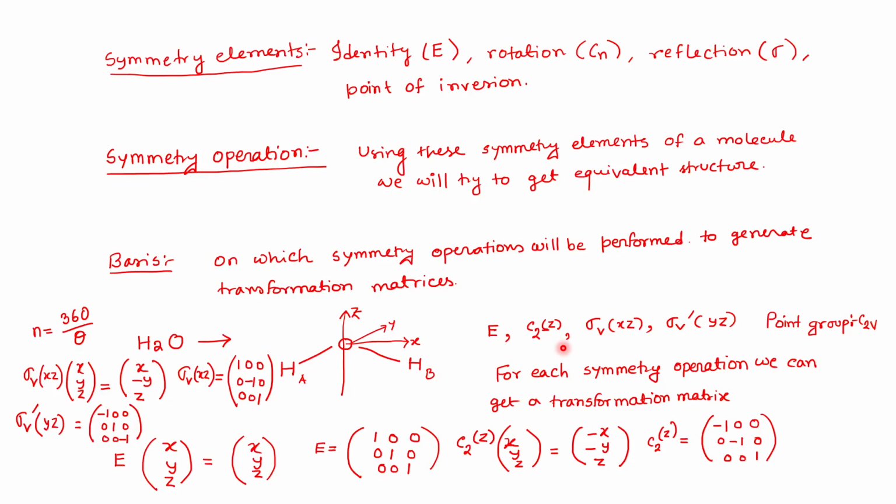Now suppose after finding C2, you see that along with the principal axis of symmetry, there are some C2 axes which are perpendicular to it. Then you are going to go to the D point groups, D2, Dnd or Dnh, right? You are going to lead to those point groups.